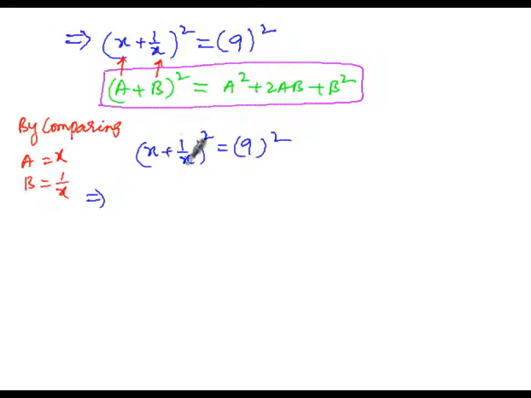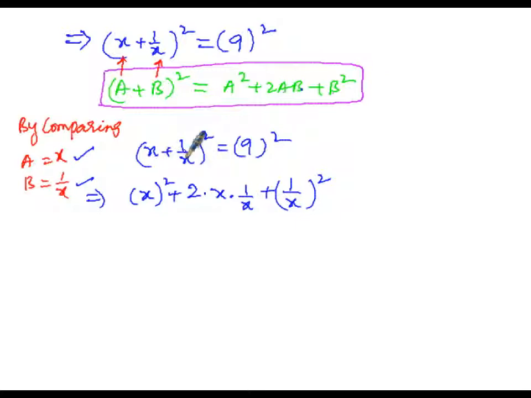A plus b whole square expands to a square, a is x but it must be squared, plus 2ab, that is 2 into x into 1 by x, plus b square, b is 1 by x, but it must be squared. So now I have expanded only the left hand side.